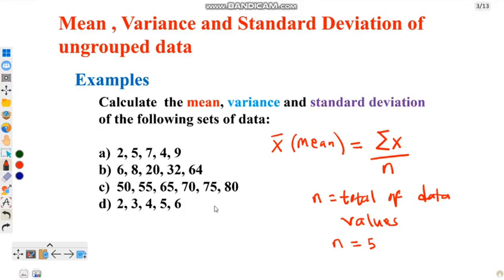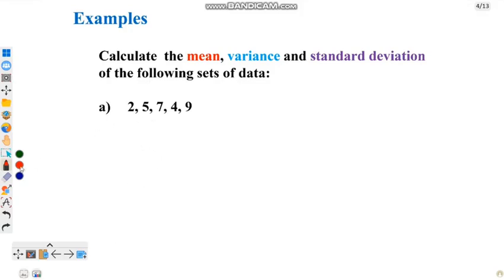How can we calculate the mean? We use our formula, mean is equal to the summation of x over n, where n is the total number of data values, 1, 2, 3, 4, 5. So n will be equal to 5.